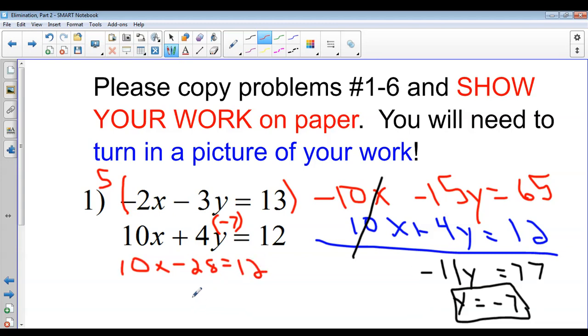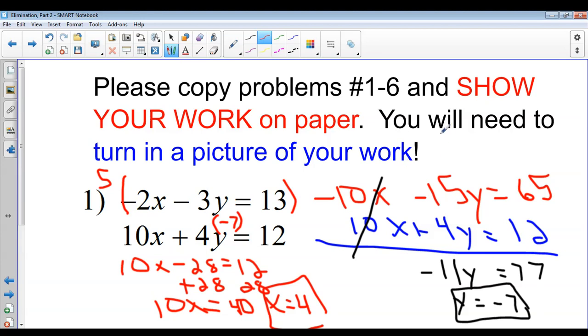And we're going to solve for x. So we're going to add 28. Ooh, we get 10x is 40. And if I divide both sides by 10, we get x equals 4, right?